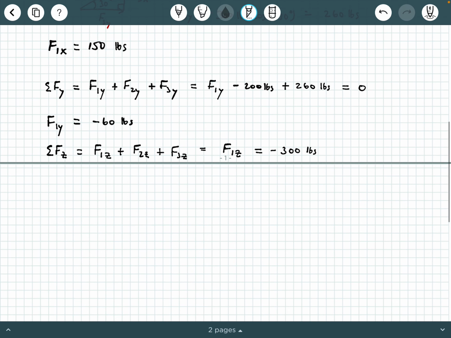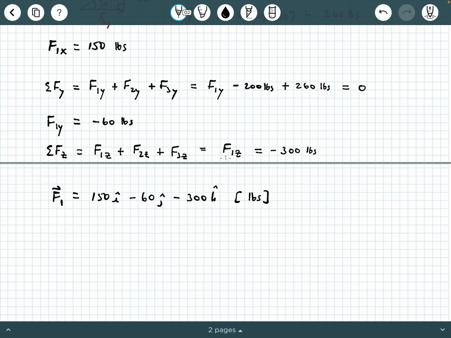And so what do I finally have here? Well, my Cartesian force vector 1 is just going to be 150i minus 60j minus 300k. And again, this is collectively carrying units of pounds, all right? So that's part of what I need to get to my final answer.